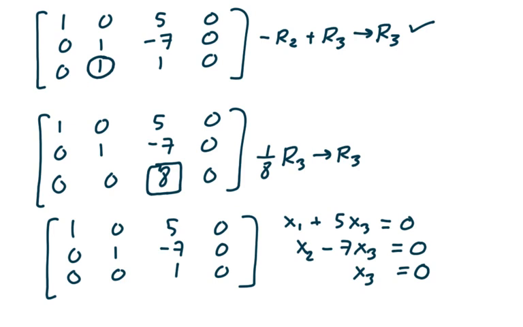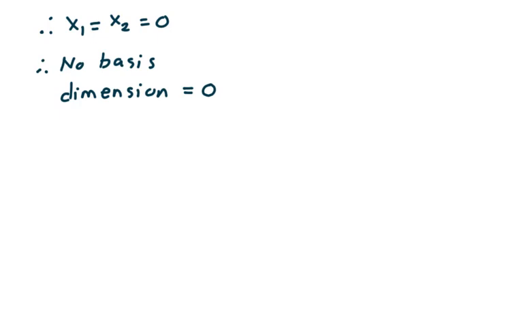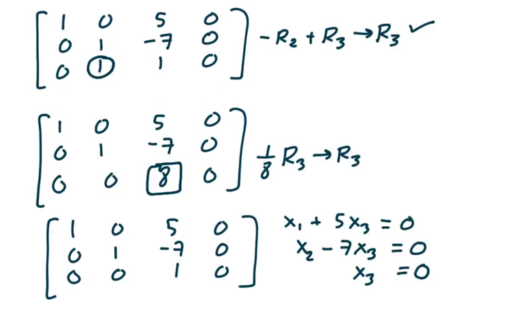Now notice that x1 plus 5x3 equals 0. Looking at the second row, x2 minus 7x3 equals 0, and then x3 is 0. If I solve, you can hopefully see that x1, x2 both have to be 0, right? x3 is already 0.